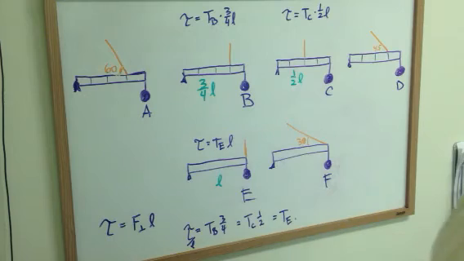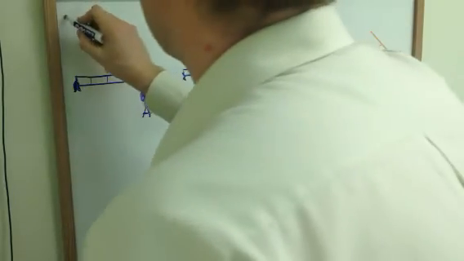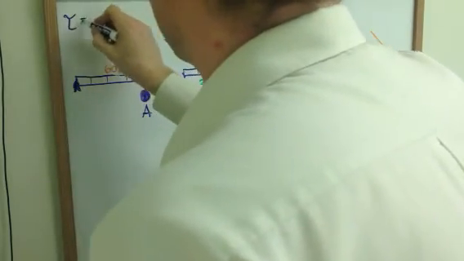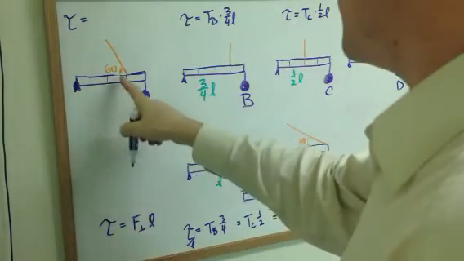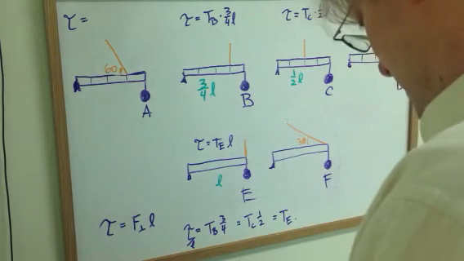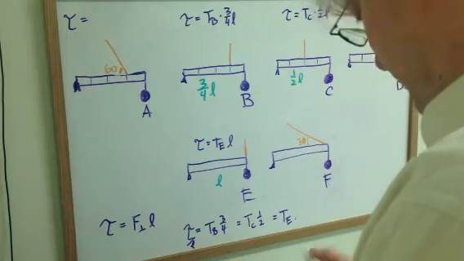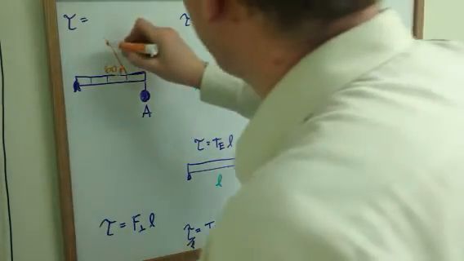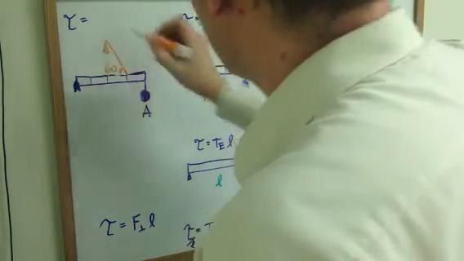All right, let's bring in these other ones. This torque is the same as all the other torques, and it's caused by a force, and remember it's the perpendicular force. That would be the perpendicular portion of this tension here.